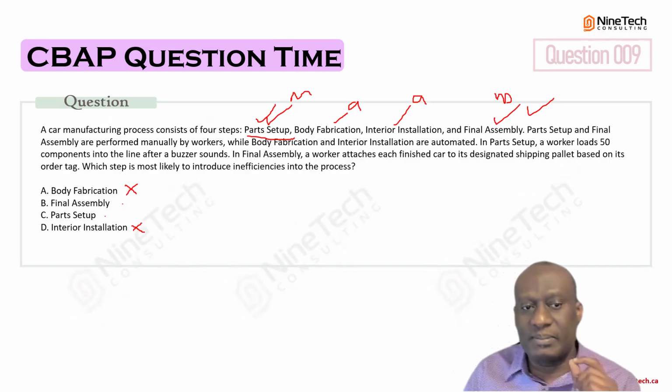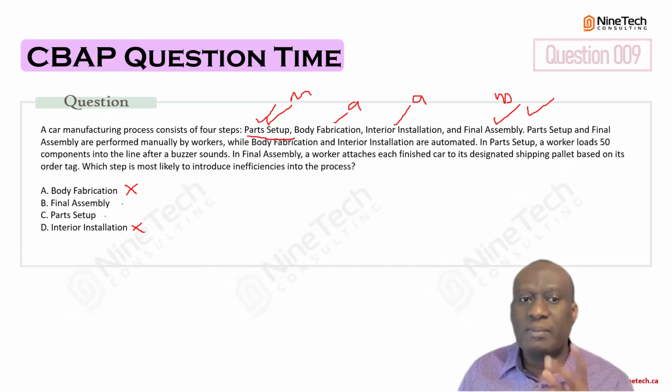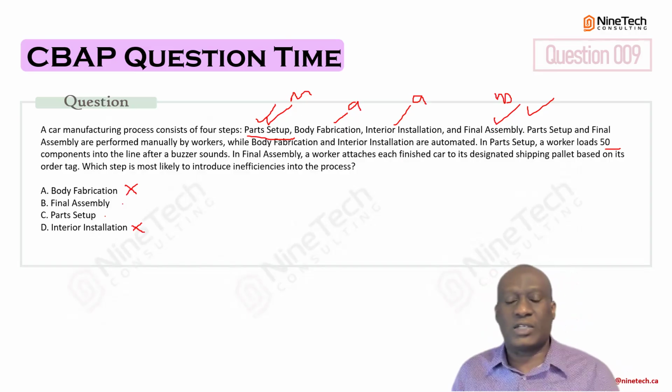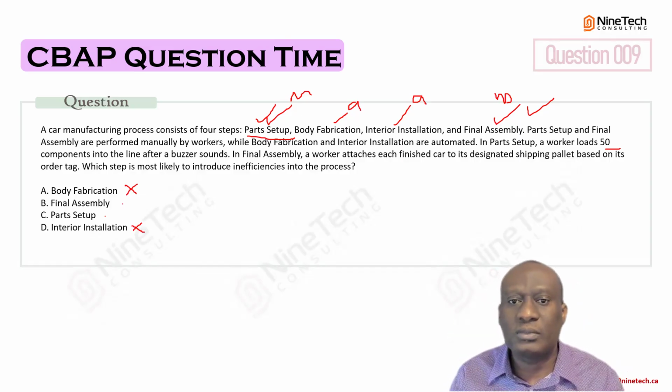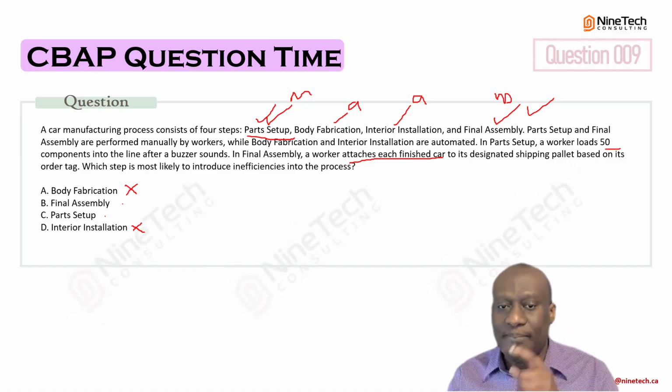So between final assembly and part setup, which of these manual processes will introduce more inefficiencies? Let's look at it. In part setup, what you are doing is just loading 50 components. That's it. You're just loading. Compared to the final assembly where the worker is attaching finished cars to his designated shipping pallet based on his order tag.